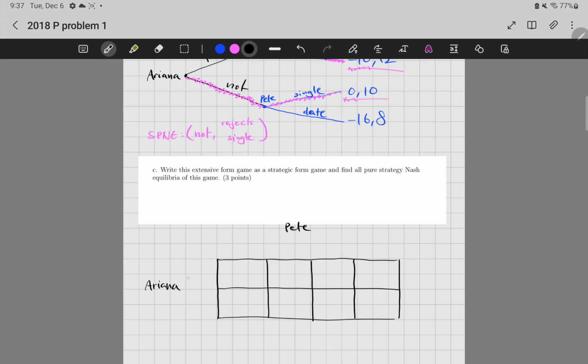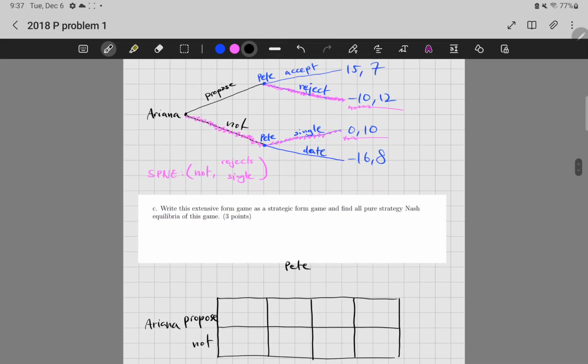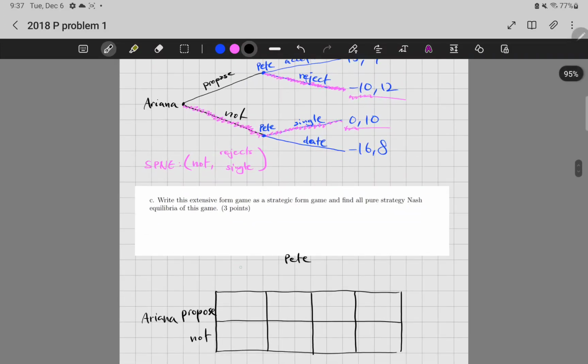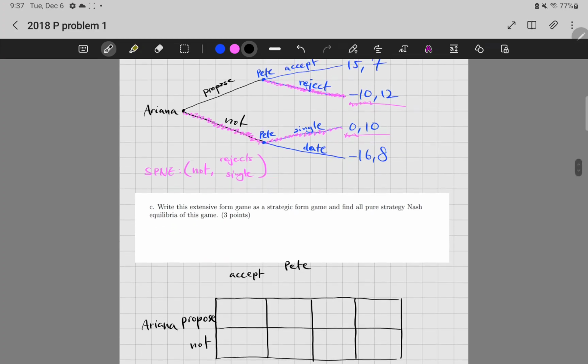Okay, now Ariana has 2 choices: to propose and not to propose. But for Pete, he has combinations of choices. So Pete, if Ariana proposes, he can accept. And if she does not, he can stay single.